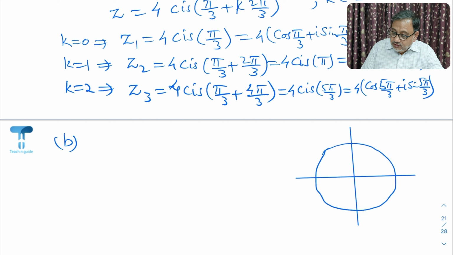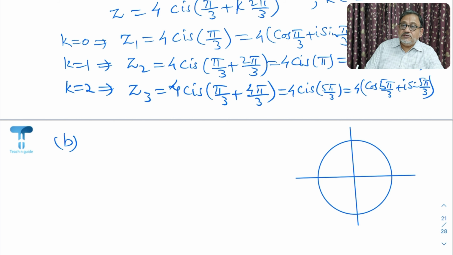So I will draw the circle, and this circle will have the radius 4, right? So real part here is 4, origin, imaginary axis. Here is also 4, here minus 4, and here minus 4.